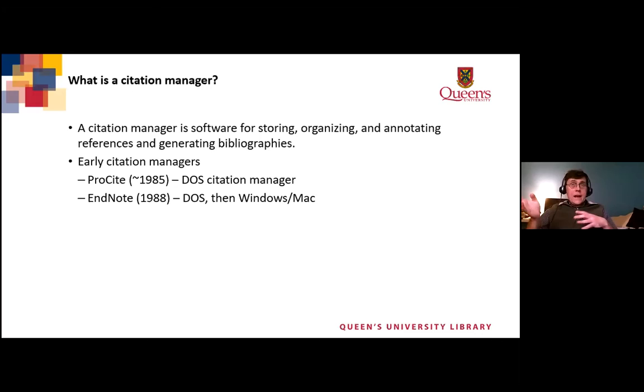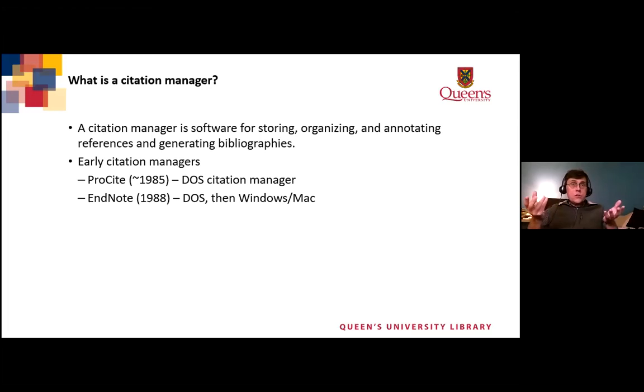One of the earliest that I used way back in the days of the dinosaur was called ProCite, which came out in about 1985, and it was a DOS-based citation manager. I actually ended up using that in a job I had in a library in about 1989.